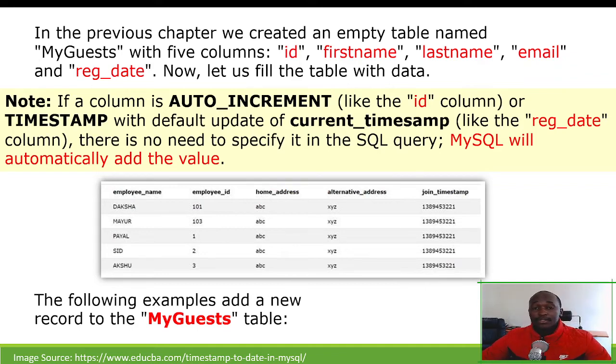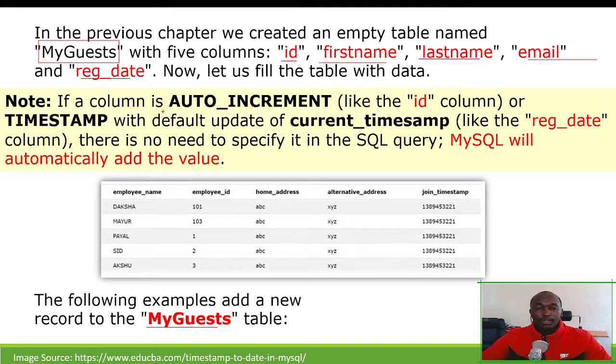In the previous chapter, we created an empty table named my guest with 5 fields: ID, first name, last name, email, registration date. Now let's fill the table. In the following example, we're going to see how to do that.